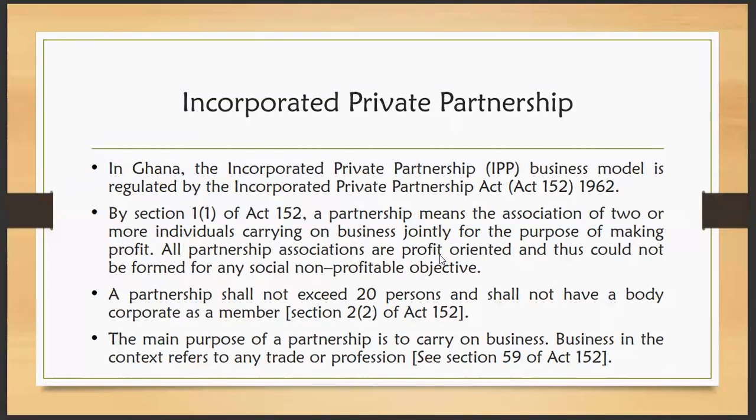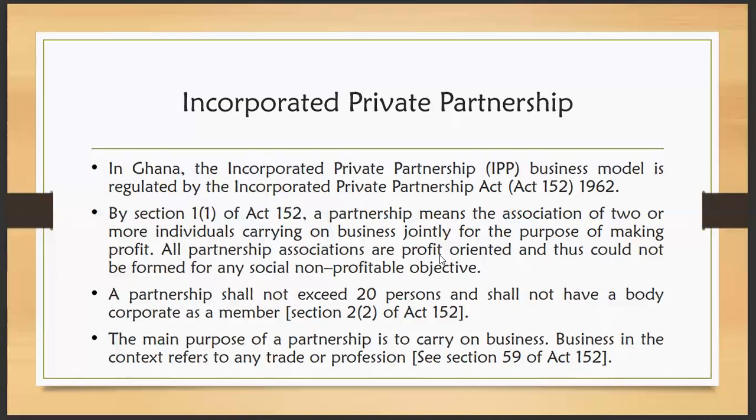So that is very important. Association of two or more individuals. Of course, it should not exceed 20. So from 2 to 20, they've come together to do business for one purpose, and that purpose is to make profit.